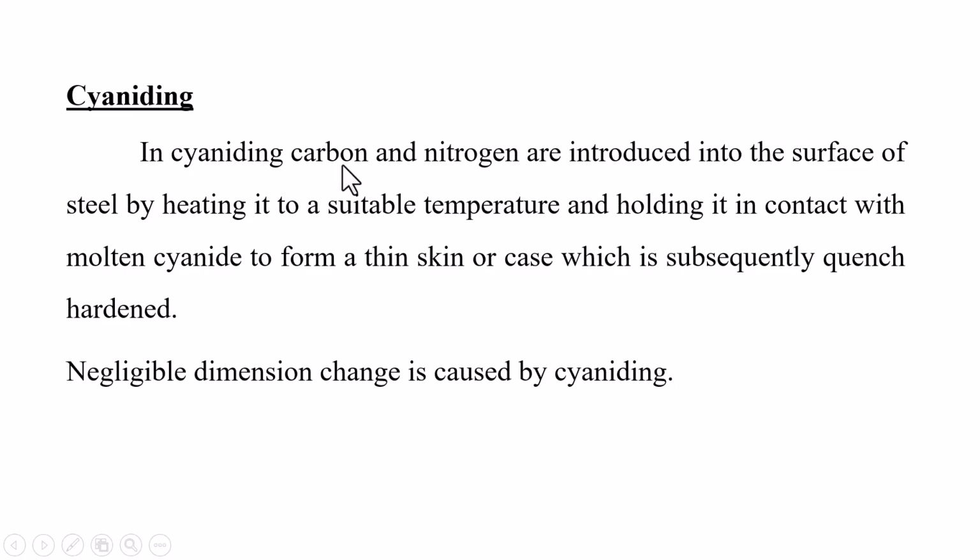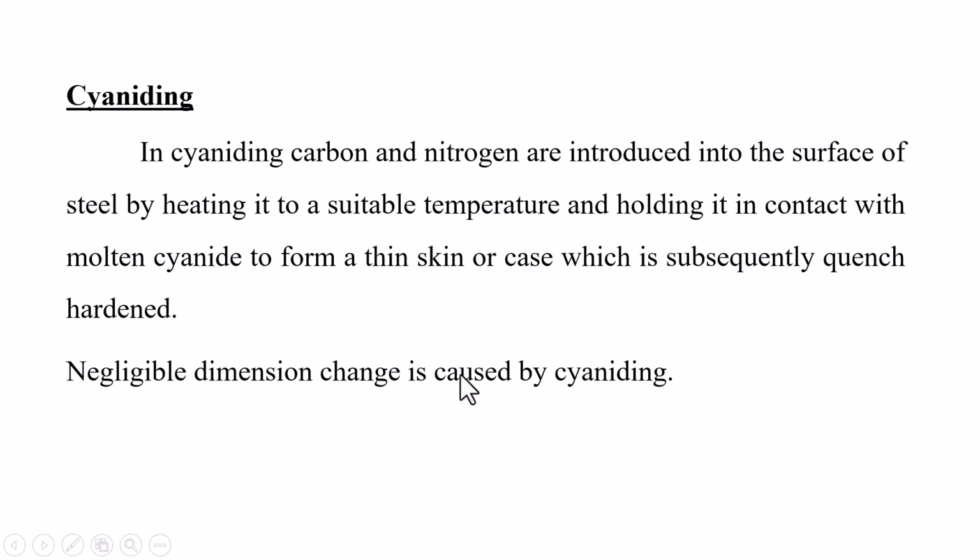Next one, cyaniding. In cyaniding, carbon and nitrogen are introduced into the surface of the steel. Here we are introducing carbon and nitrogen, whereas in nitriding only nitrogen is entering. This is done by heating at a suitable temperature and holding in contact with molten cyanide to form a thin skin or case, which is subsequently quench hardened.